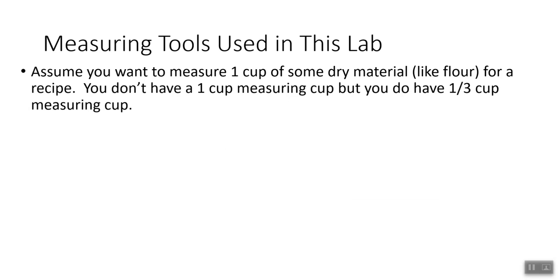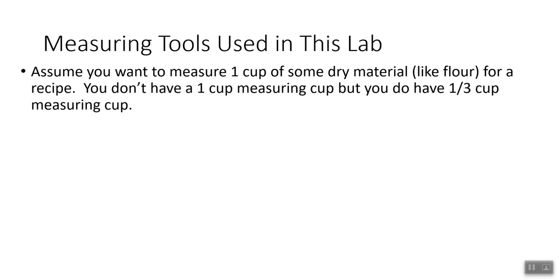The measuring tools that we use in this lab are a 1 cup and a 1/3 cup measuring cup. So the purpose is that you're going to assume you want to measure 1 cup of some dry material. Say you're making cookies and you needed to measure out 1 cup of flour.